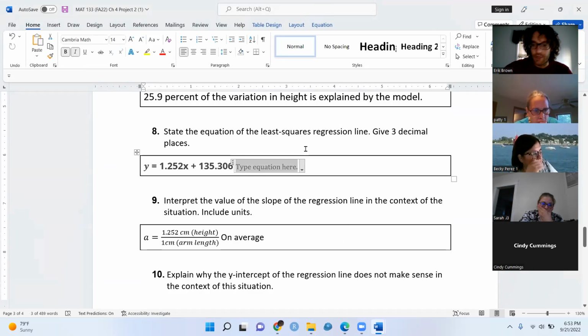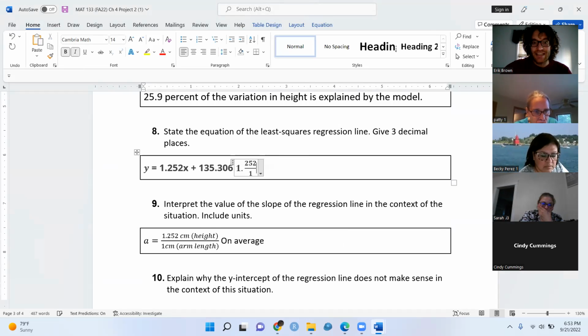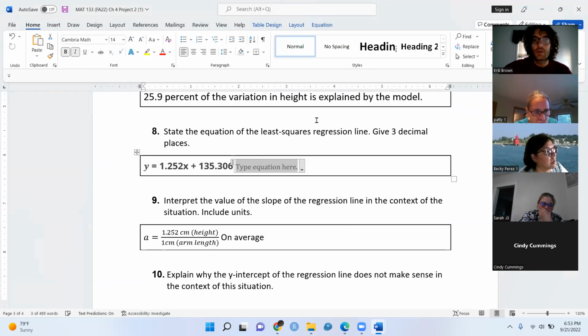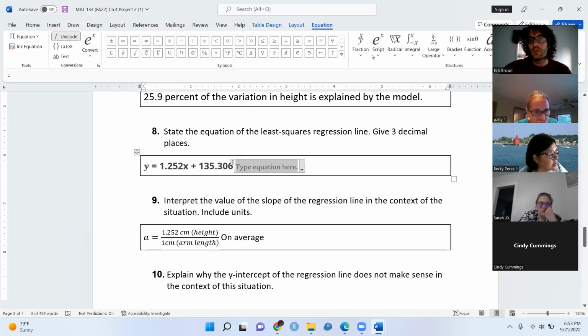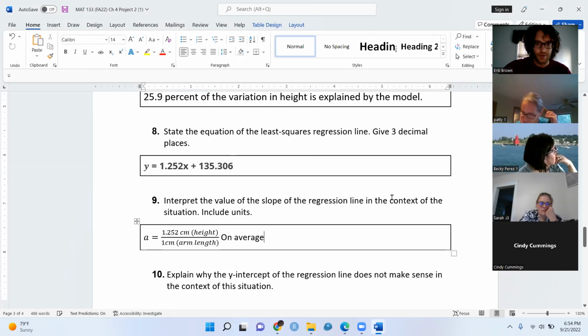I turned off my number lock. I typed in the 1.252 and then the division sign and the 1, and I hit space. And it turns it into a nice fraction. You could also do it otherwise, but don't feel like you need to do that. I'm just writing that to help you understand.